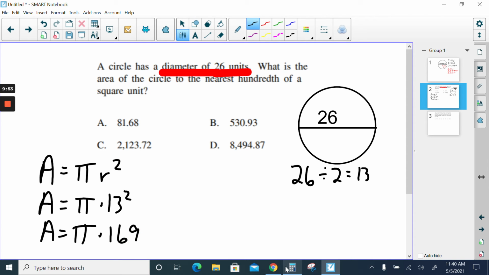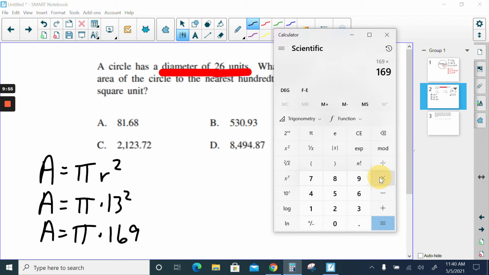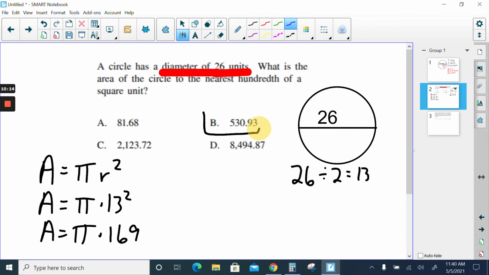So I should take this and multiply it times my pi button. It equals 530.929, etc., which is clearly going to give me an answer of choice B. Now with this one, we definitely could have approximated because these numbers are so far apart and we had answer choices.